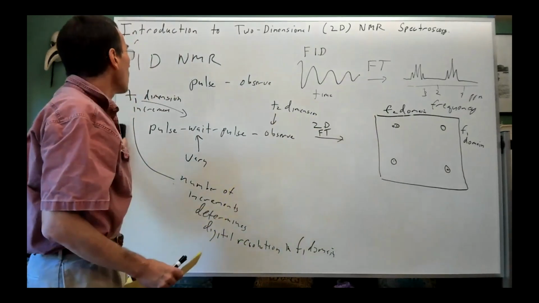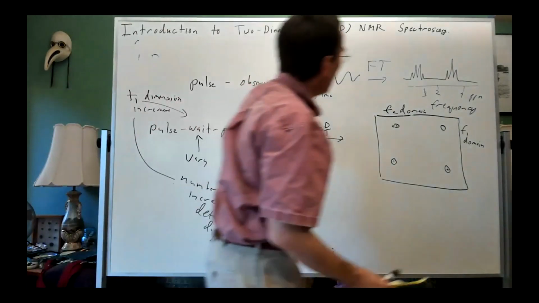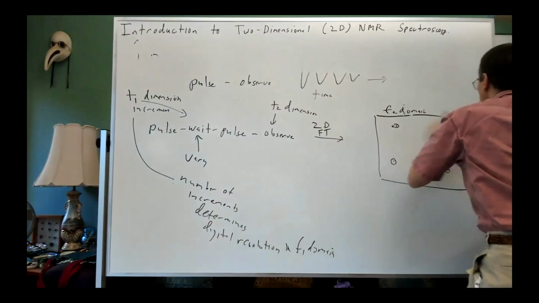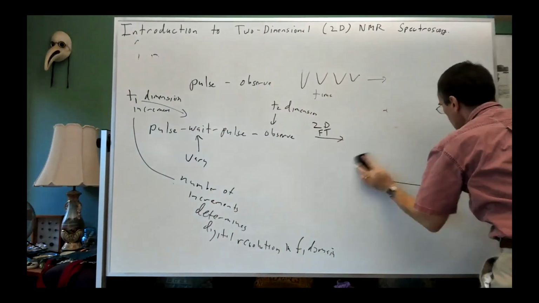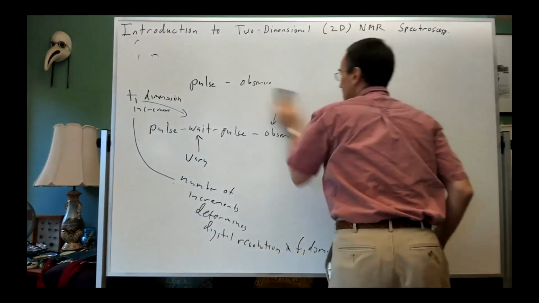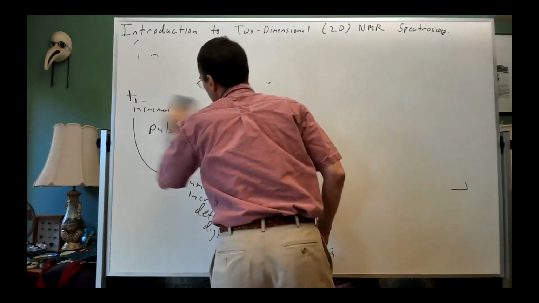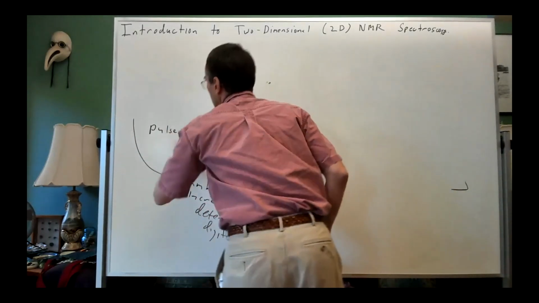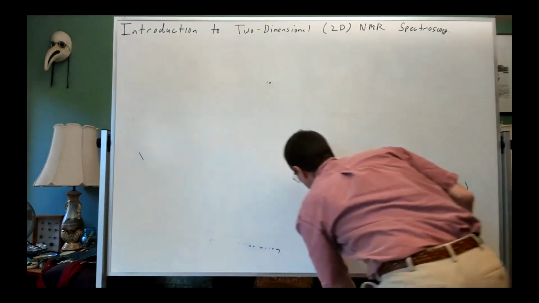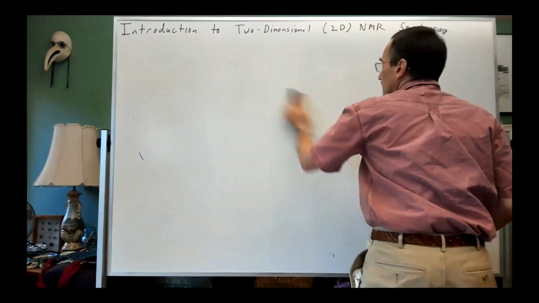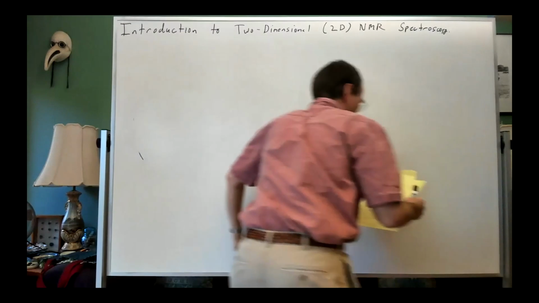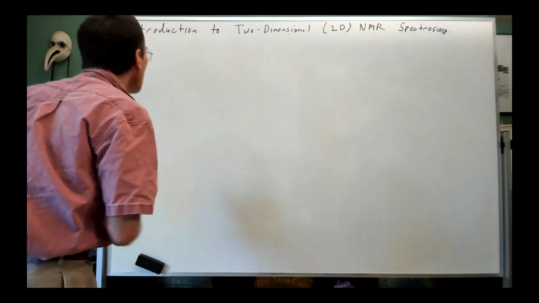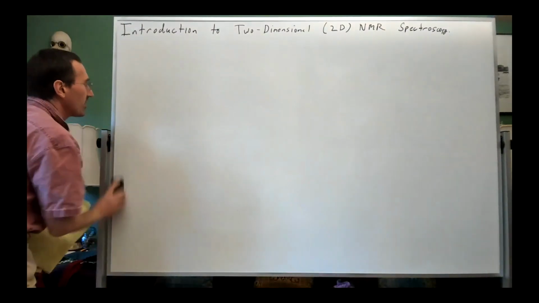All right, so I want to talk about the types of experiments now, and then we're going to eventually get to a specific example from this week's homework set. All right, so there are two basic types of experiments.